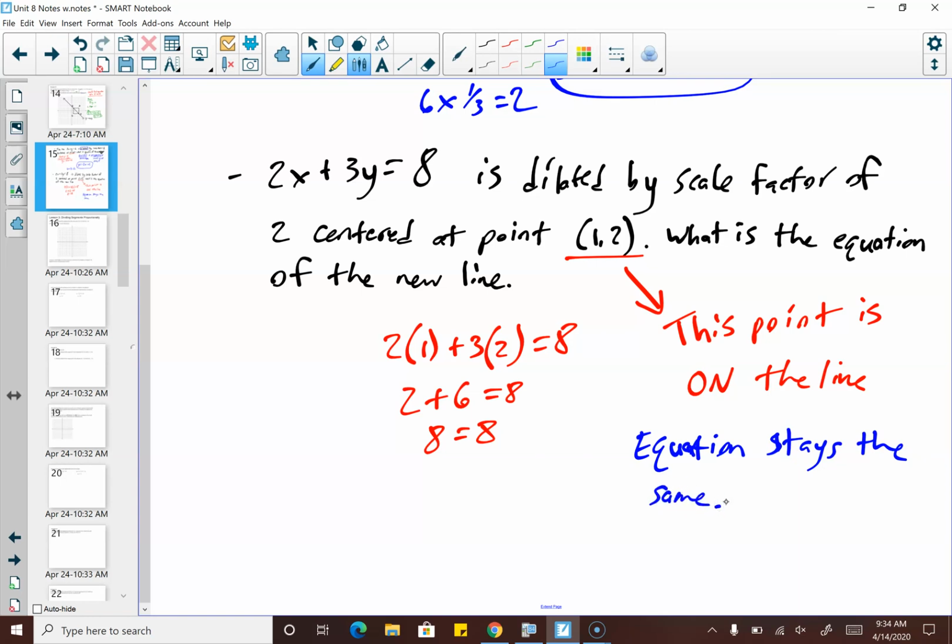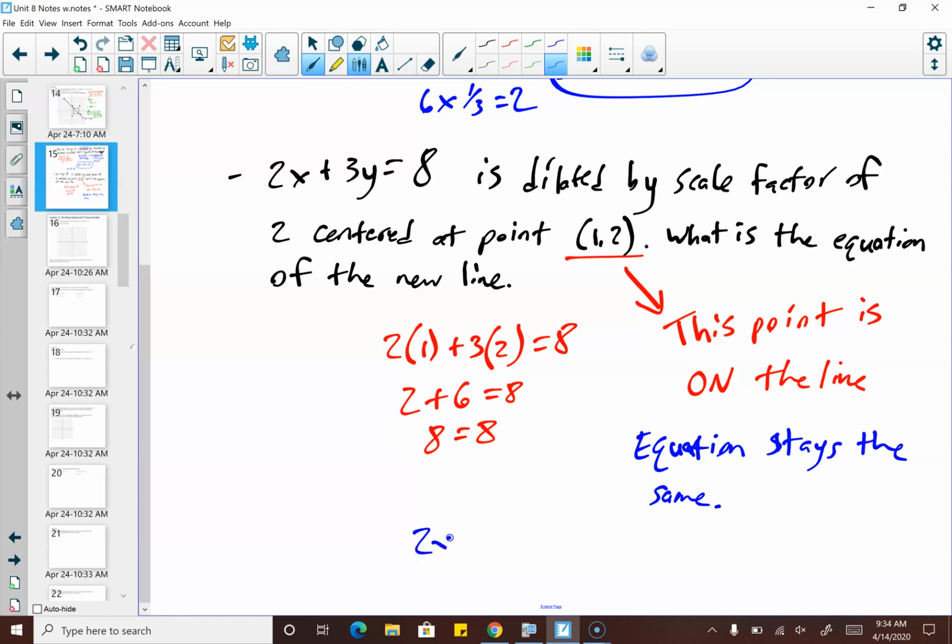Okay, so now if that point wasn't on the line, in all honesty, the only thing we could do is actually take out some scrap graph paper and probably use our compass, but that pretty much never shows up. The only two options usually are centered at the origin or centered at a point that is on the line.